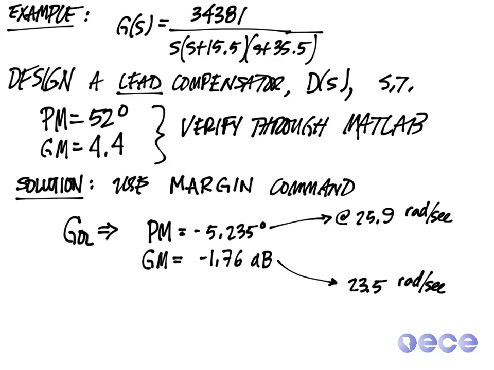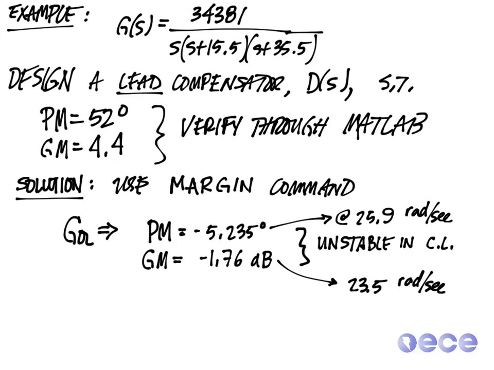So by looking at these two numbers, you can see that this is unstable in the closed loop. And that's because you want phase margin to be greater than 0 and gain margin to be greater than 1.